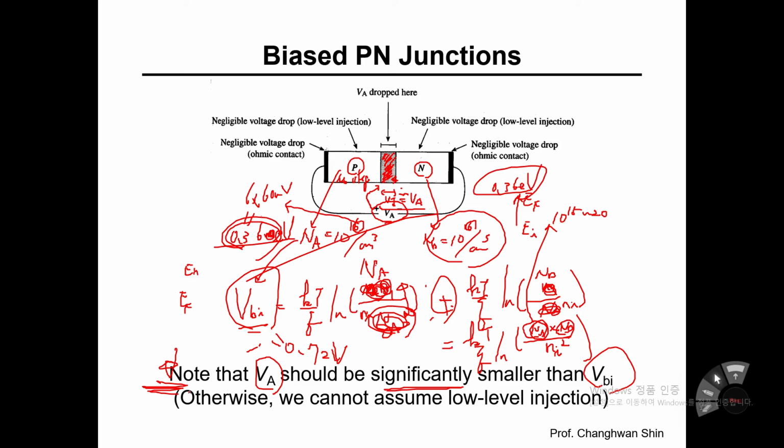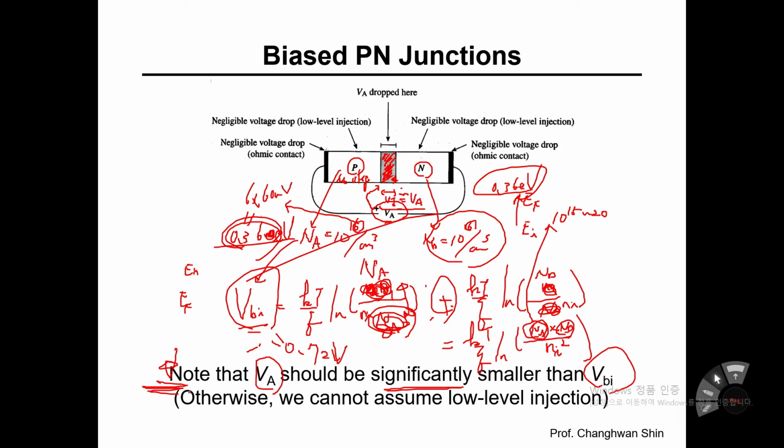So whenever we are doing the analysis for an ideal PN diode, we basically assume that low level injection is dominant. In the last semester, you had a chance to understand the physical meaning of low level injection.